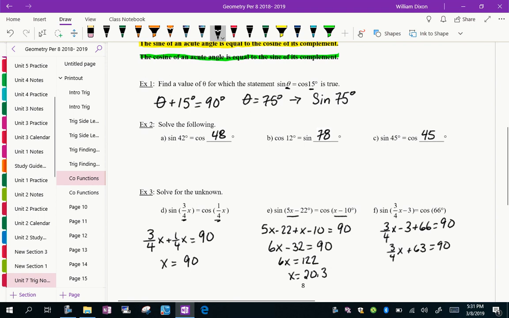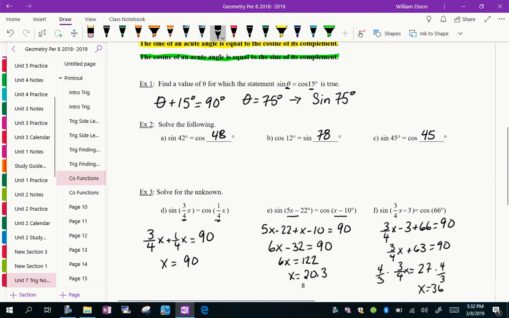I'm going to subtract 63 from both sides, and I'm going to get 3/4 x equals 27. Okay, so what I'm going to do is multiply by the reciprocal. Remember that? So that's going to be times 4/3, and x is going to equal 36.